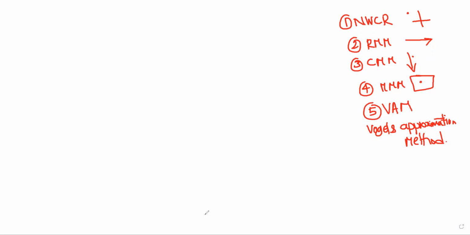Okay, come on, copy the question. Find the initial basic feasible solution by VAM, Vogel's approximation method. Destinations, we have 4: D1, D2, D3, D4.